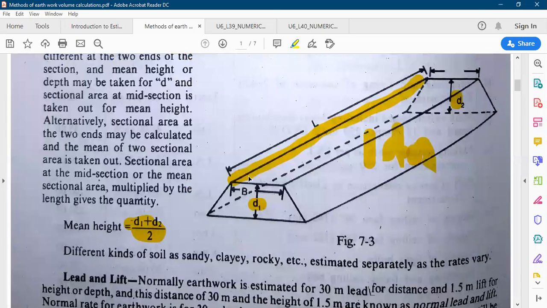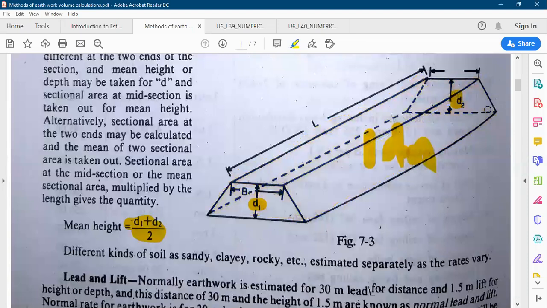Mid sectional area multiplied by the complete length, the interval between two stations, will give you the complete volume which has to be filled, or the complete volume which has to be cut. So we can calculate this quantity by multiplying the area with length, so that we can get the total volume of earthwork required in this portion. So that is the mid sectional area method, right.